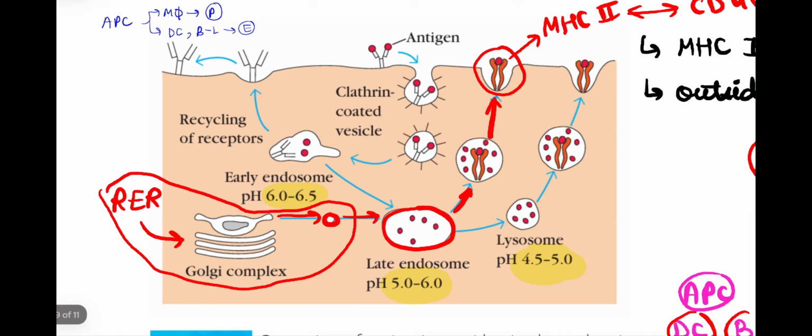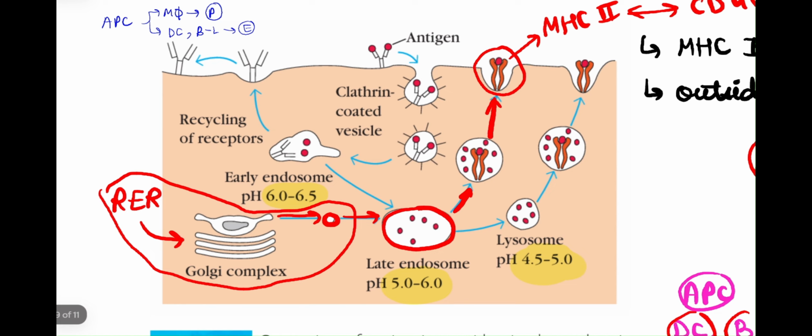The early endosome has a pH of around 6 to 6.5, meaning it is very slightly acidic. But as this further transits into the late endosome and then the lysosome, the acidic conditions will increase.